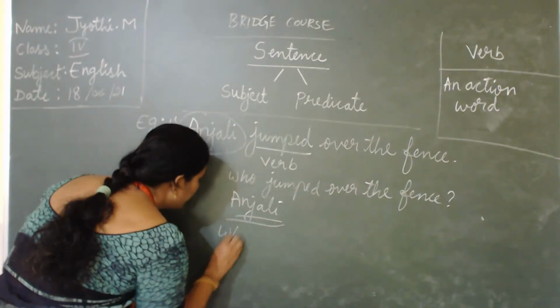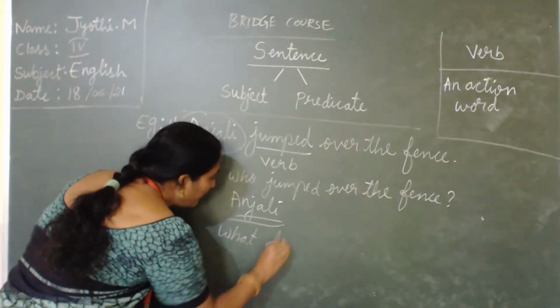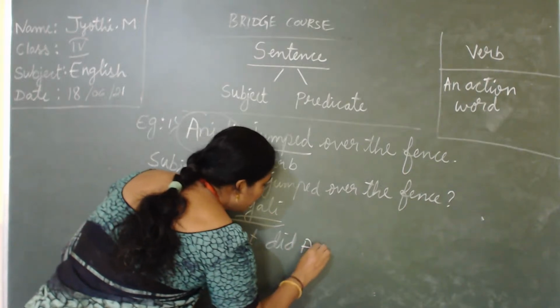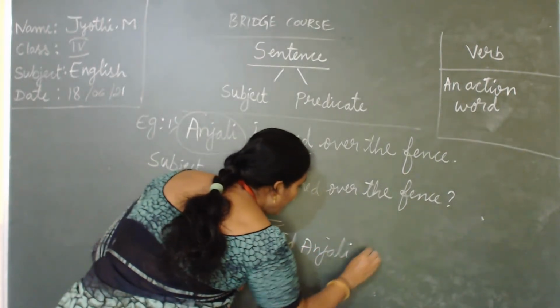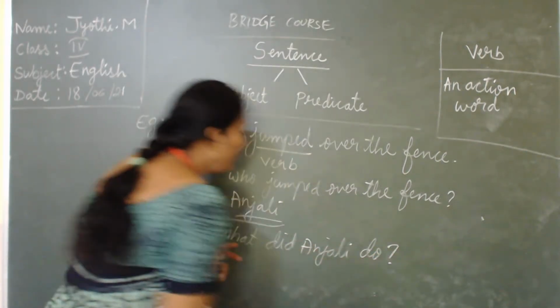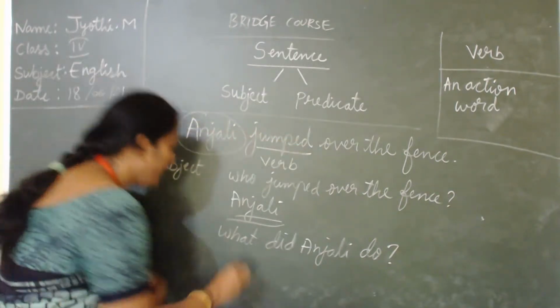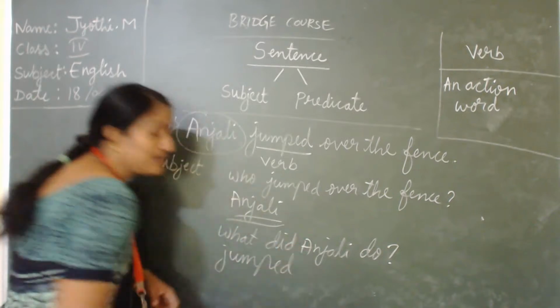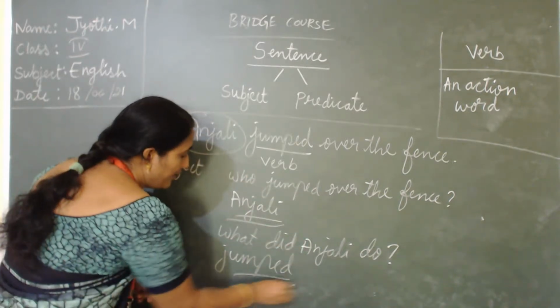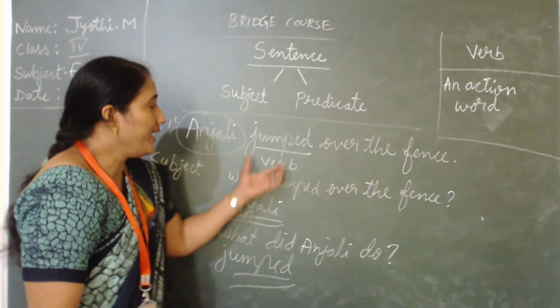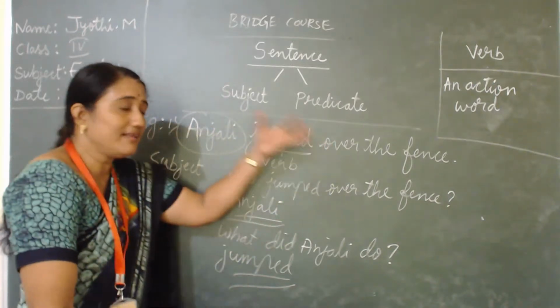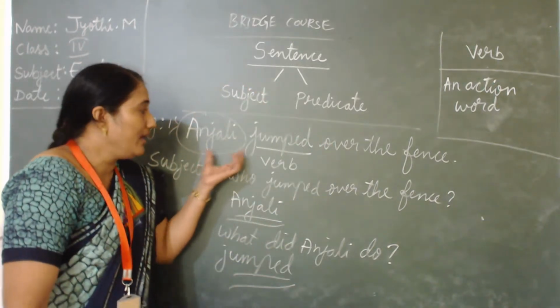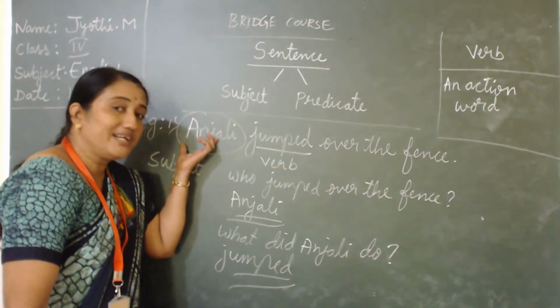What did Anjali do? Anjali jumped. Anjali jumped over the fence here. Now, what is the predicate? The predicate tells us something about the subject, like what the subject is doing.